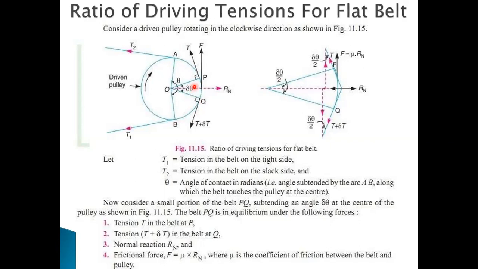This is a mathematical assumption: if we divide the circle into a number of parts, then the smallest part of the circle is going to be a straight line, right? So we are taking that assumption here and making a smaller part, delta theta.